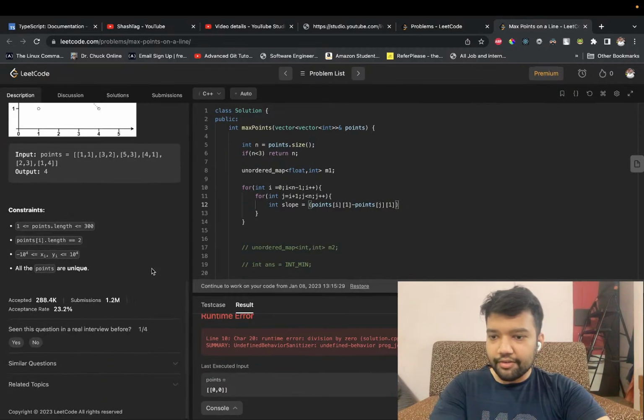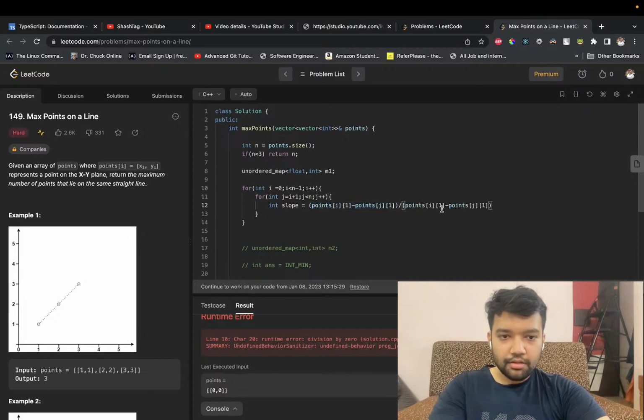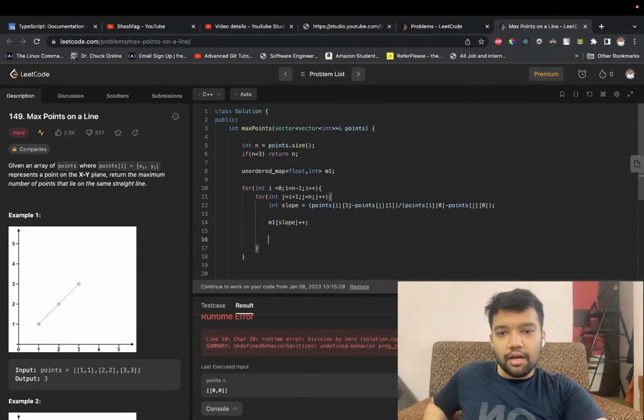So are the points all different? Oh, all points are unique, or else I would have to do that case also. Divide by points. Let's just copy this only. I'm just changing 0, 0. So this is the slope, and one of slope plus plus.